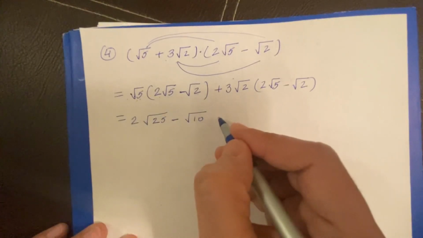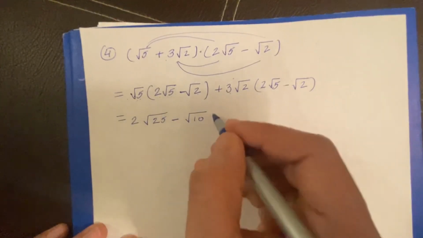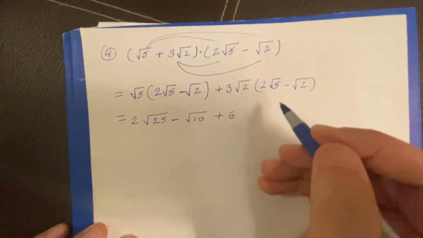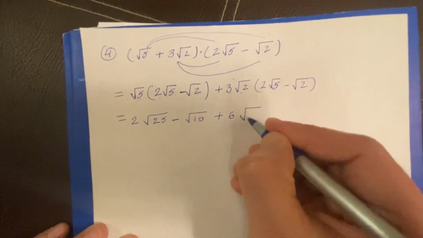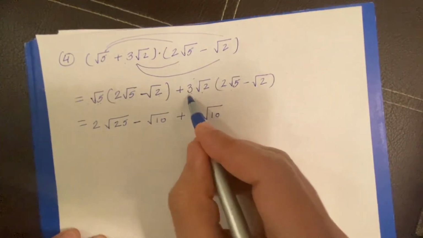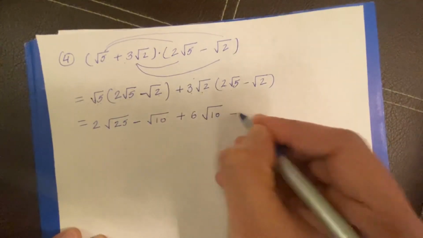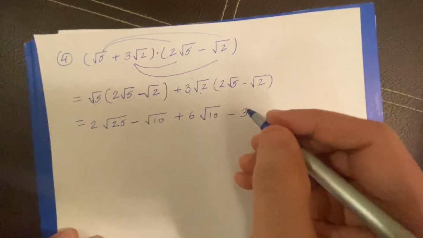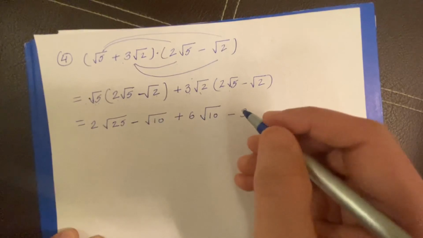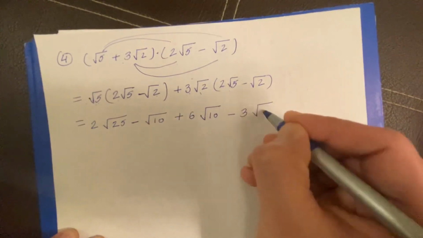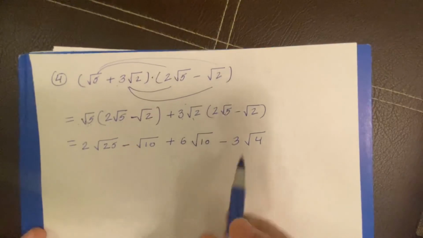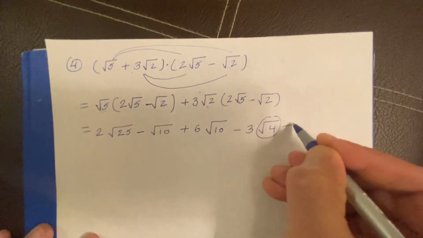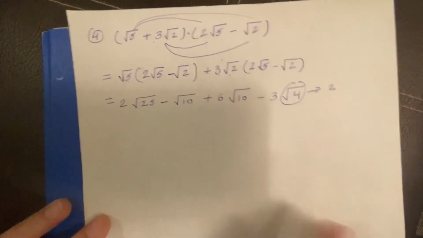Again, 3 times 2 is 6, and the square root of 2 times the square root of 5 is the square root of 10. And again, 3 times negative 1 is negative 3, and the square root of 2 times the square root of 2 is the square root of 4, which is basically just 2.